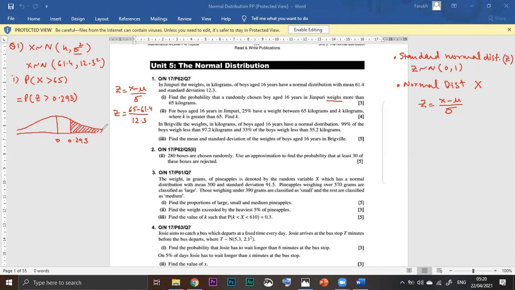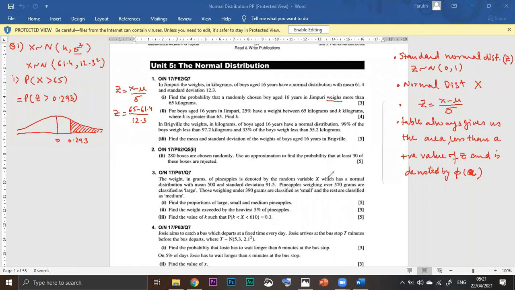Now the table always gives us the area less than a positive value of c, and is denoted by phi of c.